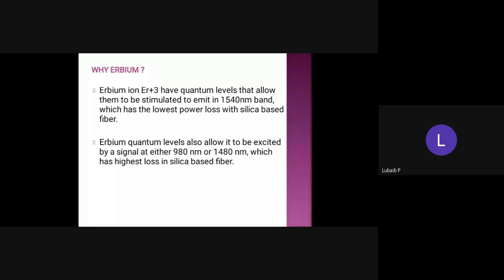That's why we use the erbium ion. Erbium quantum levels also allow it to be excited by a signal at either 980 nanometer or 1480 nanometer, which has the highest loss in silica based fiber. These are the two reasons behind using erbium.